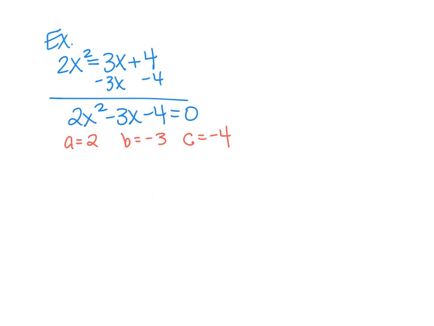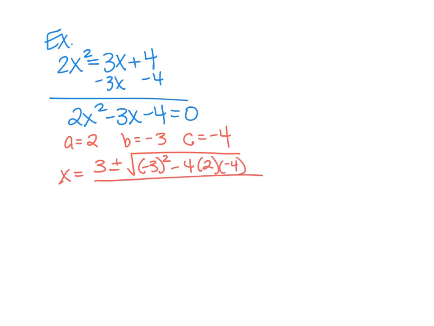Once I've identified my a, b, and c, I can go ahead and go to my quadratic formula. I'm going to take the opposite of b, which is going to now be a positive 3, plus or minus the square root of b squared minus 4 times a times c. All of that's going to be over 2 times a.